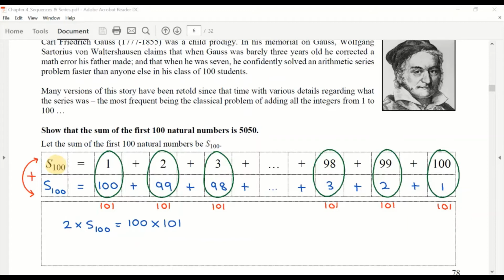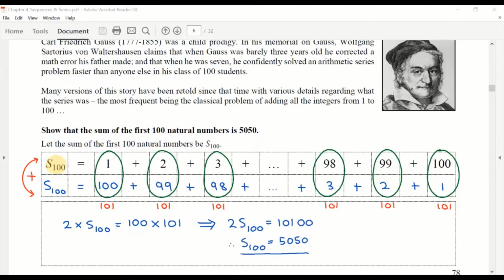Now, if we just simplify this a little bit, this means that we have two lots of the sum of 100 terms equal to 101 multiplied by 100, so just add two zeros on the end of it, and then divide by 2. So therefore, the sum of 100, we're just halving the amount we've got, is 5,050.